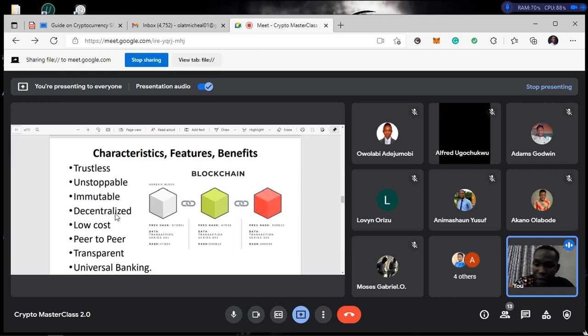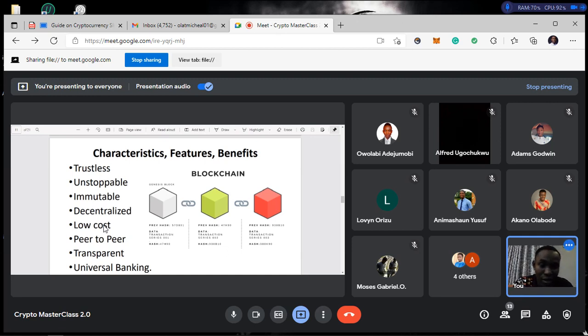Like we've talked about decentralization, the next is low cost. Yes, you can transfer from one border to another, from your room to someone in Spain or in America, at a low cost. You can transfer as much as you want. Nobody is stopping you, nobody will query you.